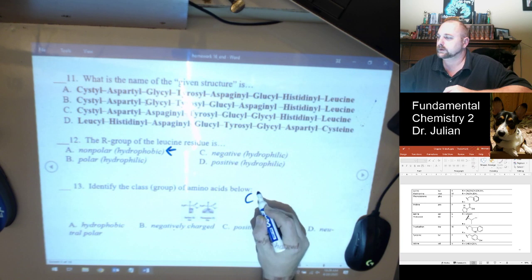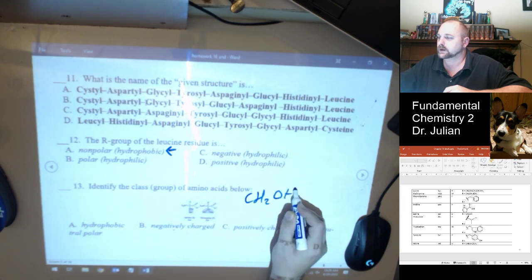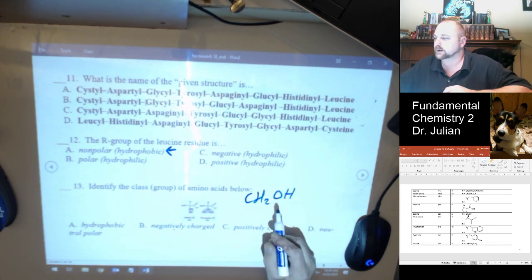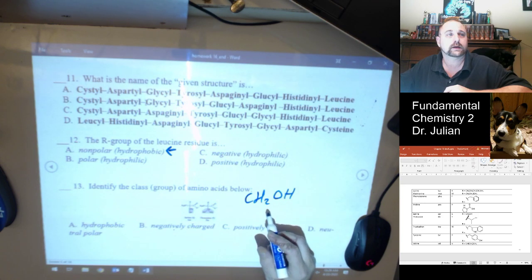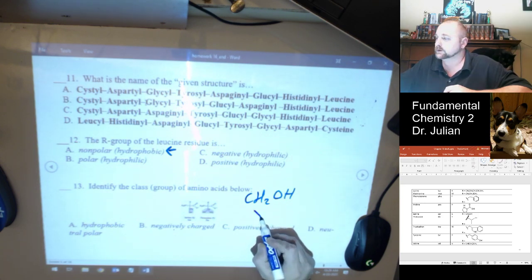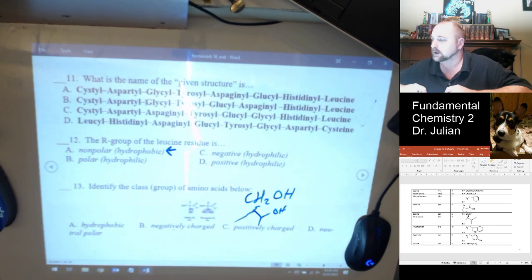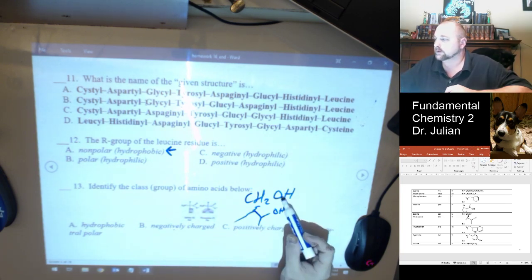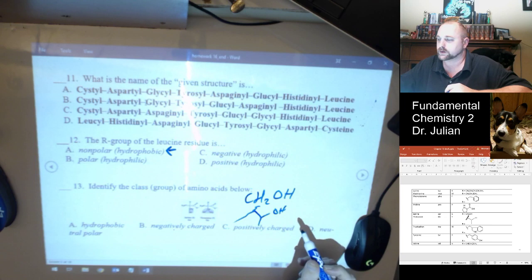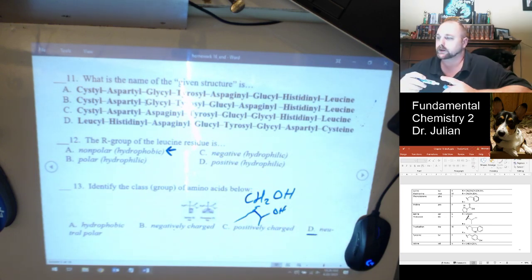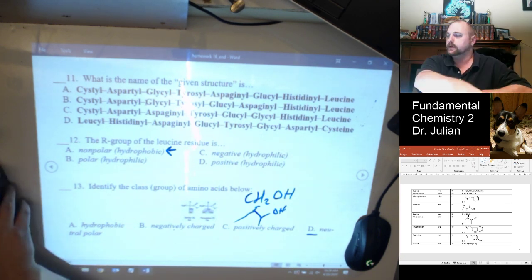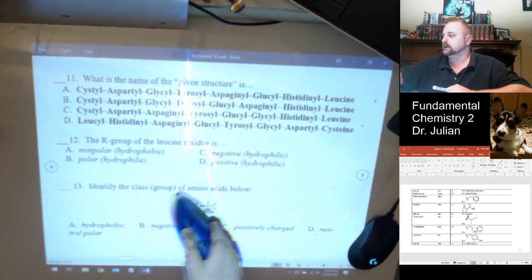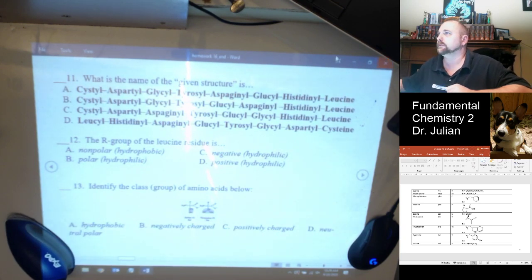SER is a CH2OH, and then I've got a zigzag. Those have OHs, but no charge, and so they will be neutral polar, D. Identify those the same way.